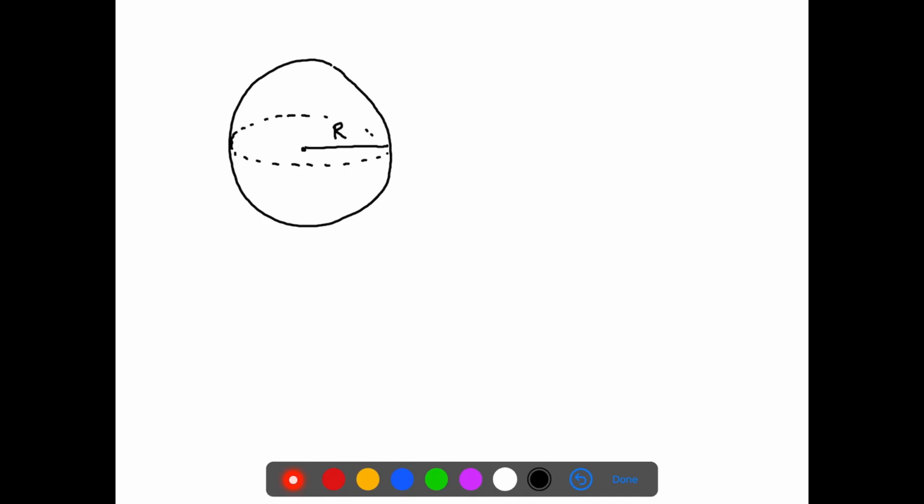Okay, so if that's your radius of a sphere, the volume of a sphere, to work it out, is the formula 4/3 pi r cubed. Okay, r shouldn't be big. I don't know why I've just done that. It should be a small r. Because big R and small r are different things, okay? But usually if it's an R and it's written there, then I would assume it's the radius, so don't panic.